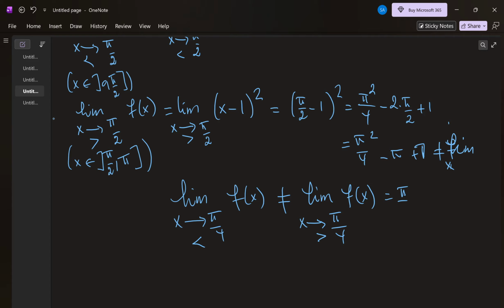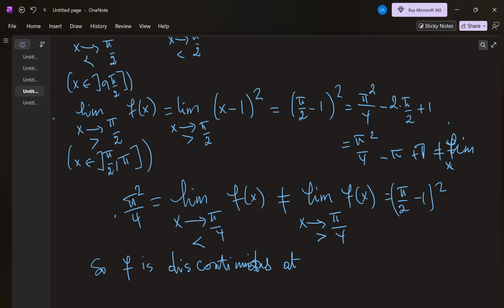Here it is equal to π over 2 minus 1 squared, and here it is equal to π squared over 4. So f is discontinuous at x equals π over 2.